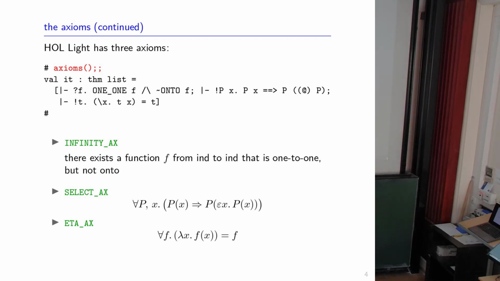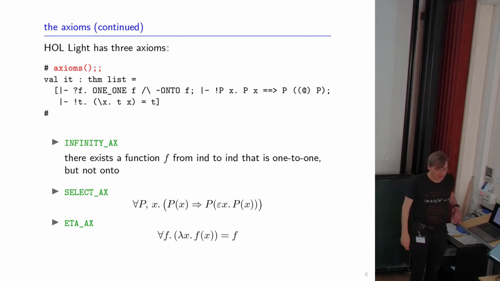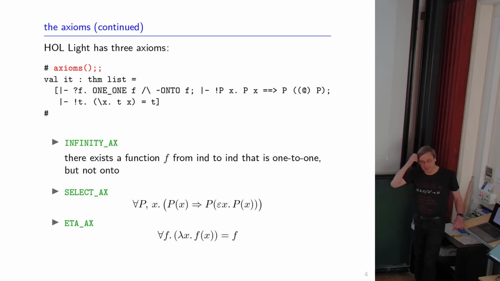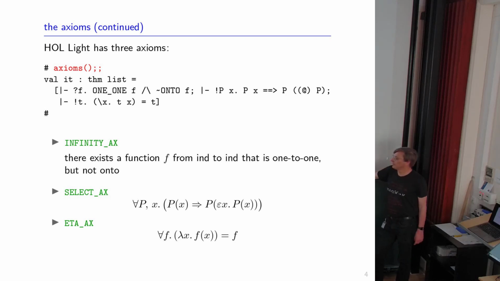And then there's the eta axiom. So extensionality of functions, equality, is always a bit of a hassle. If two functions have the same values everywhere, they're the same function, but you don't get that from the logic. So this one, you can add this.